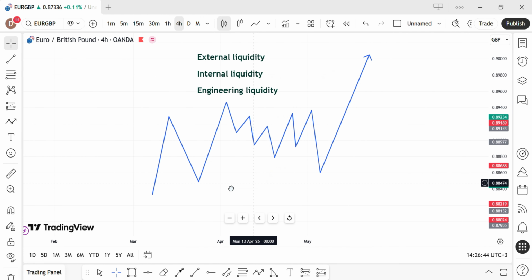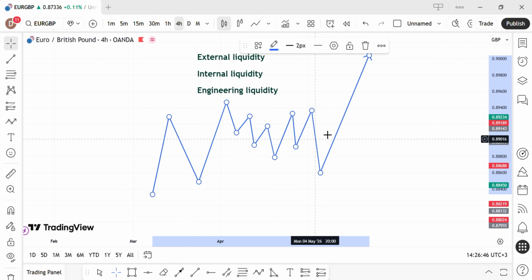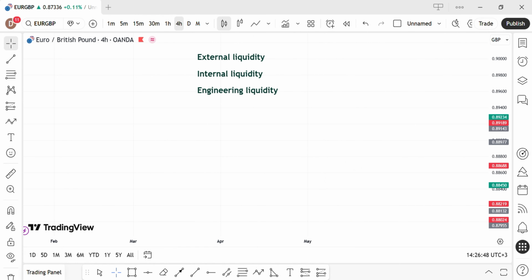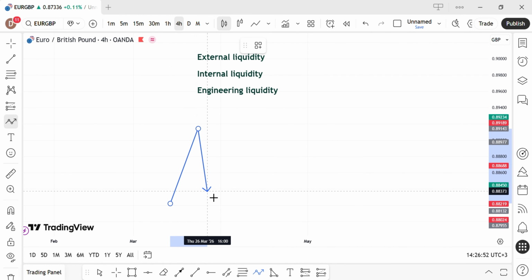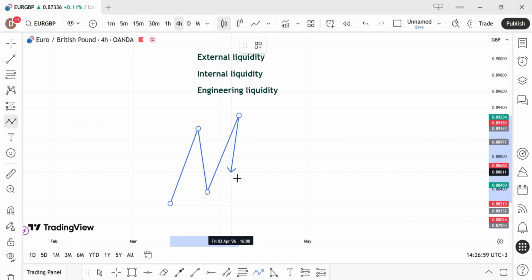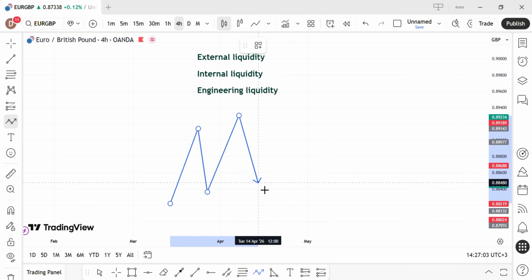So external, let me explain for the last time. When the market is moving up and has retraced, and you have seen your order block and your imbalance here on the discount zone, if there's no liquidity anywhere here and the market has reached this point, just know that you are the liquidity.